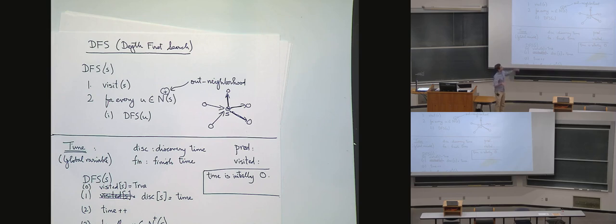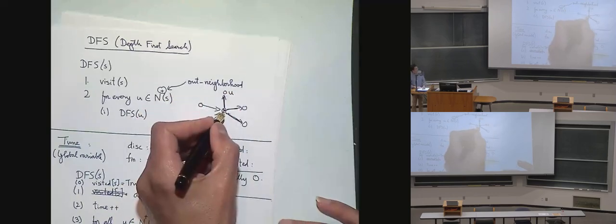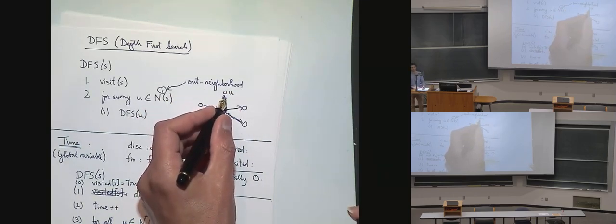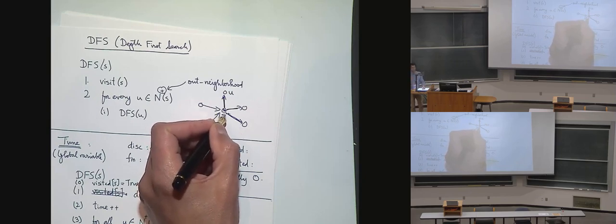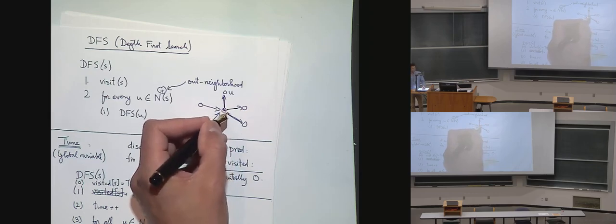Imagine that each of these was a task that had to be done, and an edge from S to V, or S to U, says you have to finish S before you can finish U. You have to do S before you can do U, like some kind of task. Does that make sense?